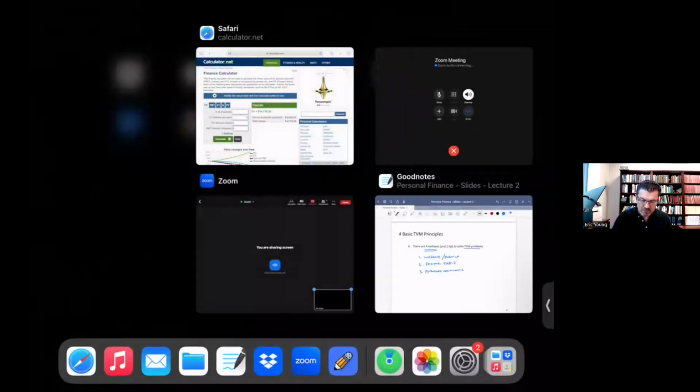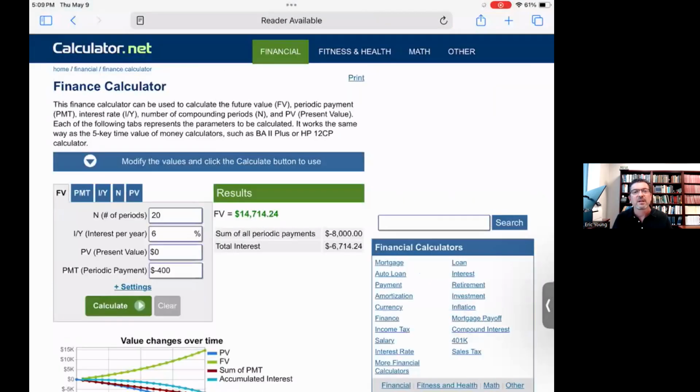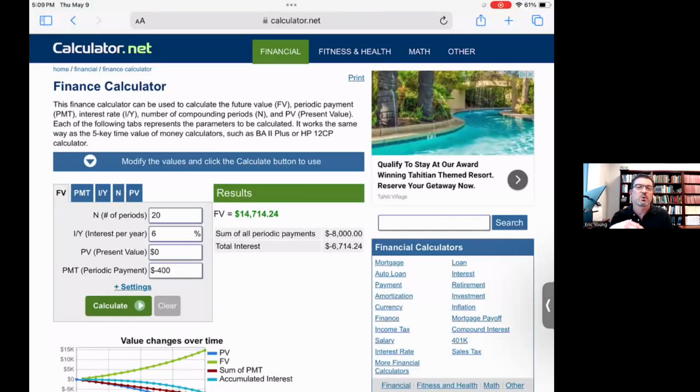I tend to be partial to this one. If you just do a web search for financial calculator, usually one of the top hits that you see is calculator.net. It's a free site. It's a really clean interface. I use it all the time, and that's what we'll probably refer to in future lectures.